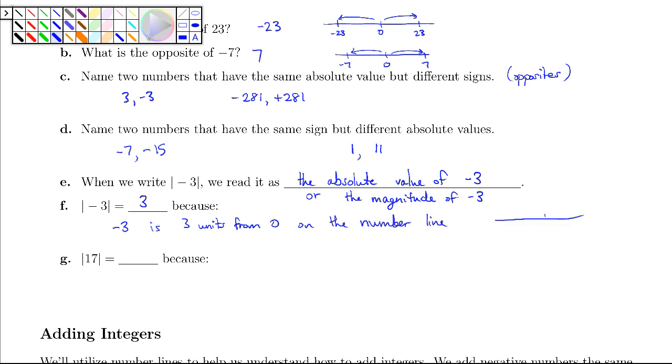Okay, so 0, 1, 2, negative 3. So that is 3 units there. And just a little reminder, when we're talking about the number of units on a number line, I'm talking about the spaces, not the tick marks. There are 3 spaces. It's like a distance. Okay. So the absolute value of 17 is 17 because, let's see if you can fill this in.